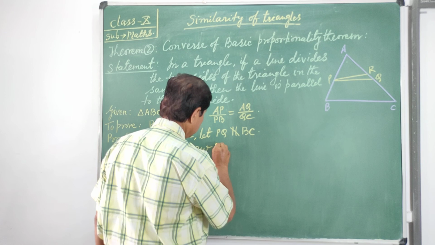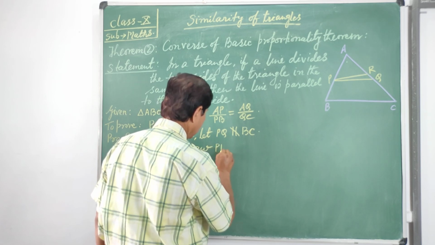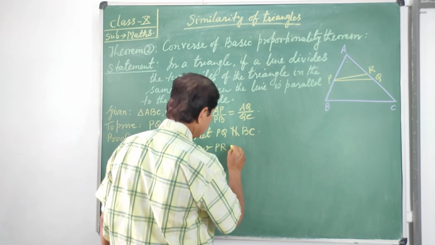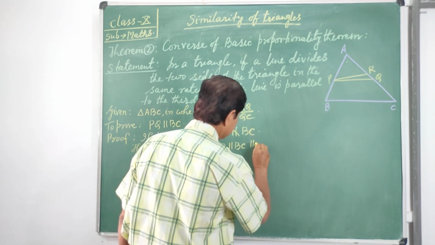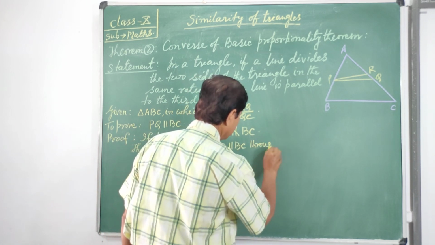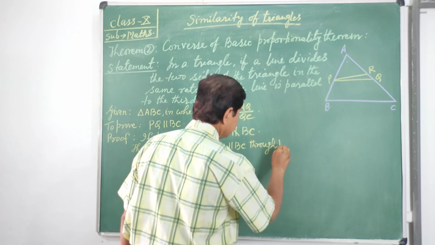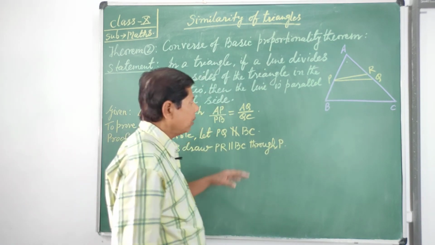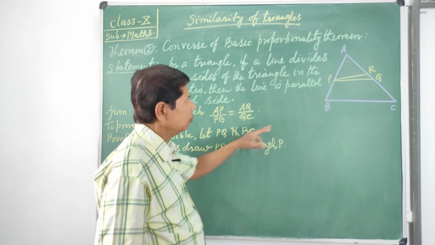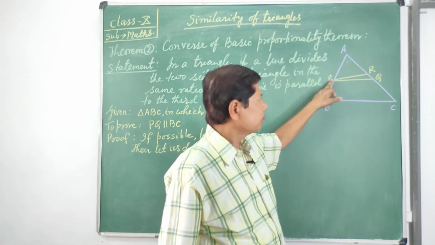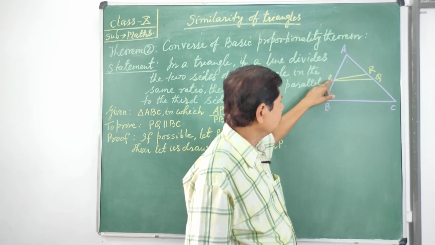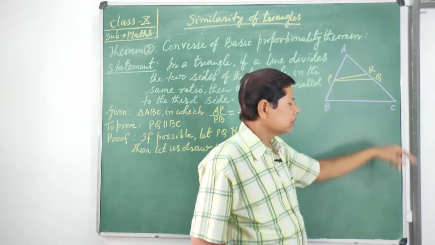PR parallel to BC. So we have already supposed here that PQ is not parallel to BC. Keeping this point P fixed, we shall draw PR parallel to BC.